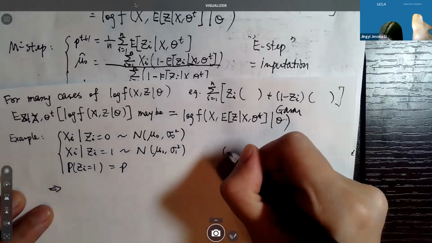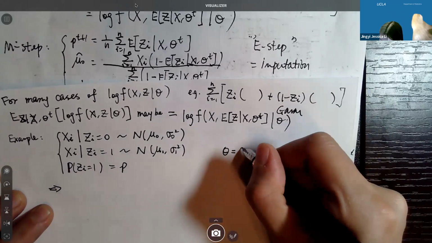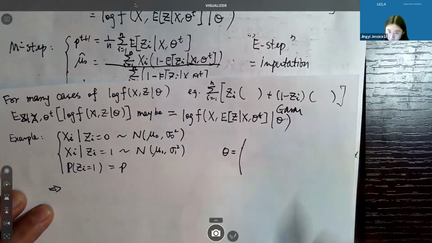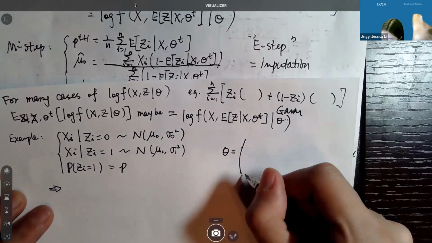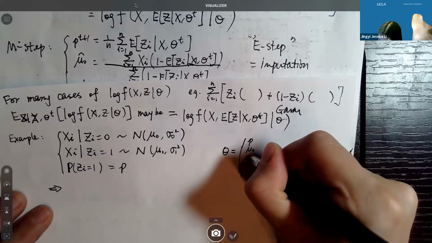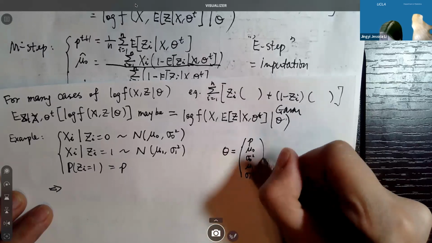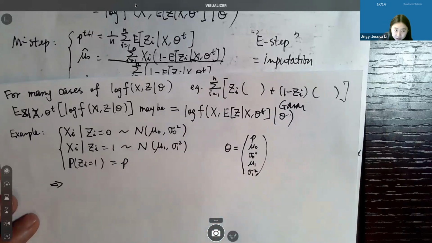So let me say that I denote theta as just the 5 parameters I have here. Usually we use the column vector for vectors. So p, mu 0, sigma 0 squared, mu 1, sigma 1 squared. Okay, so theta just denotes these 5 parameters together.